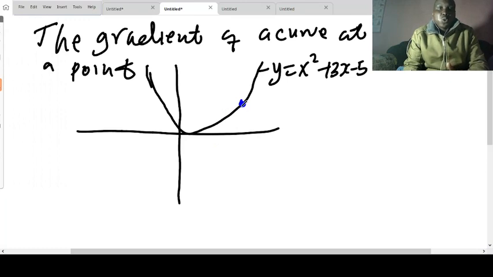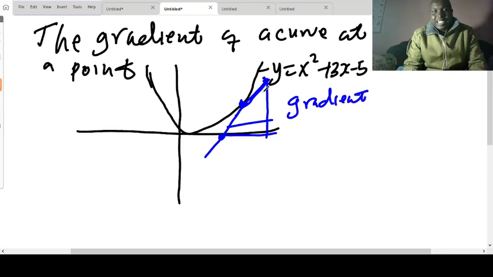What you need to do is to draw a tangent at that point. You take a ruler and draw a tangent. A tangent is a straight line. So once you have done this, you make it a right angle triangle, and then take this point here, and this point here, and get the gradient.